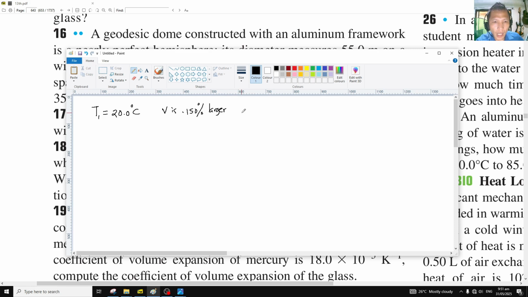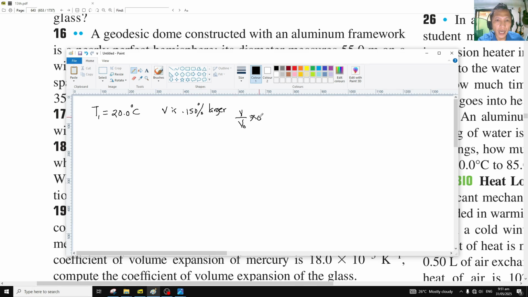that would be volume over original volume, which is 100%.